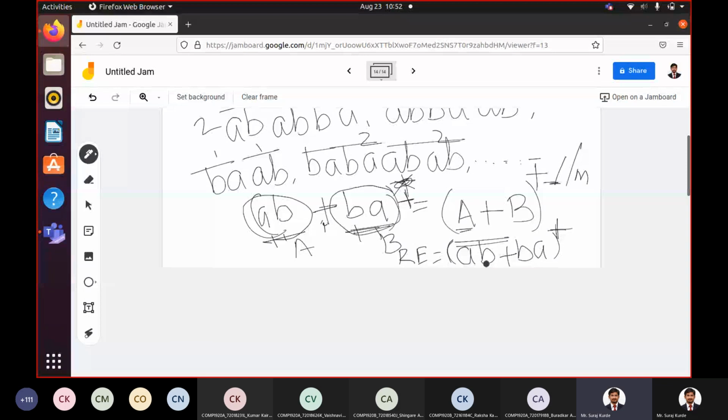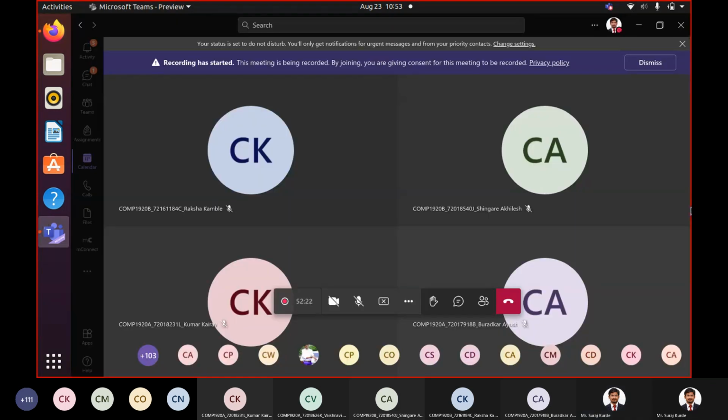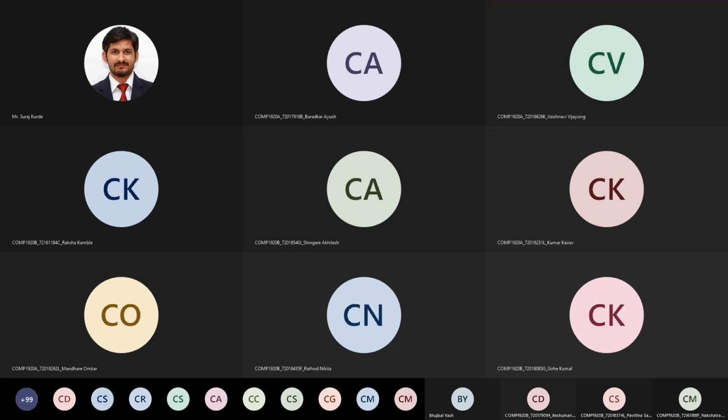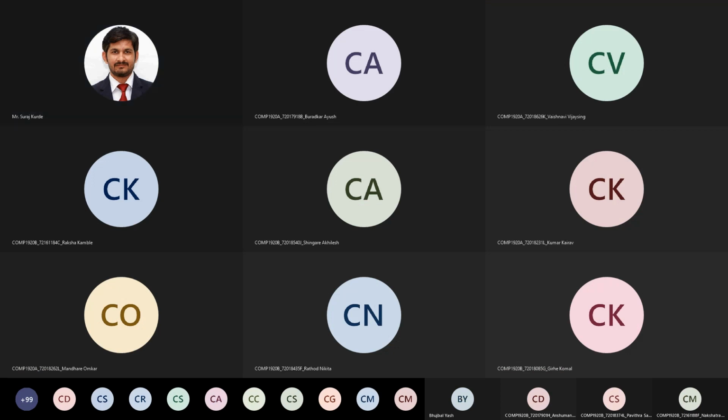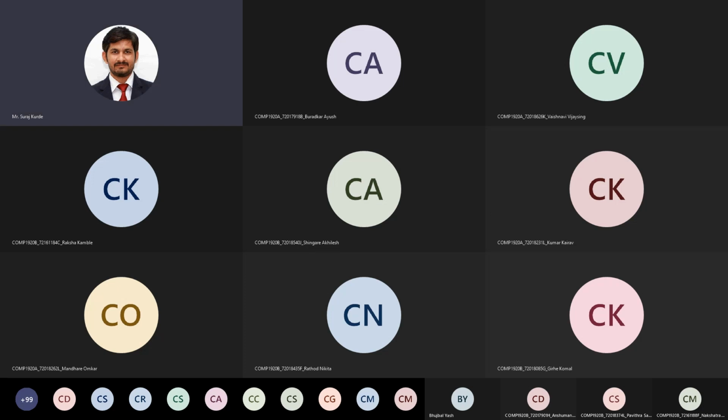Then we will see how to find the regular expression, and after that we will see the conversion of finite automata into regular expression. I hope it's clear what we have seen today. If anyone has doubts, you can ask.